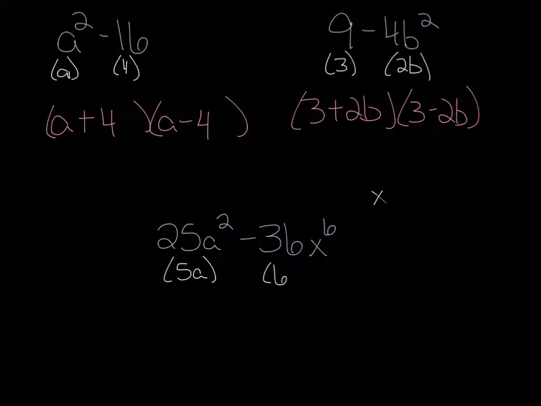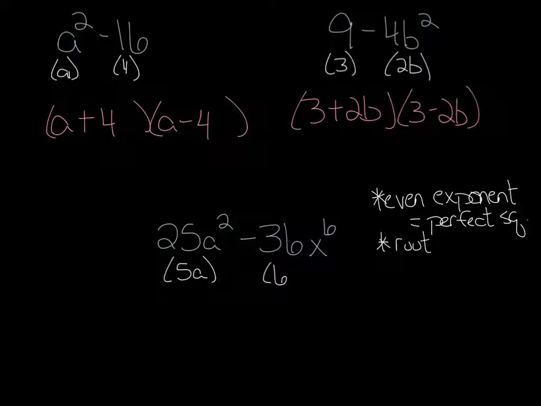Well, here's what you need to know. If you have an even exponent, every even exponent is a perfect square, and the root is half of the exponent. So the square root of x to the 6th is x to the 3rd.